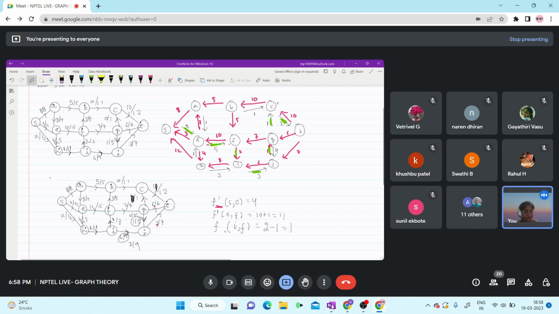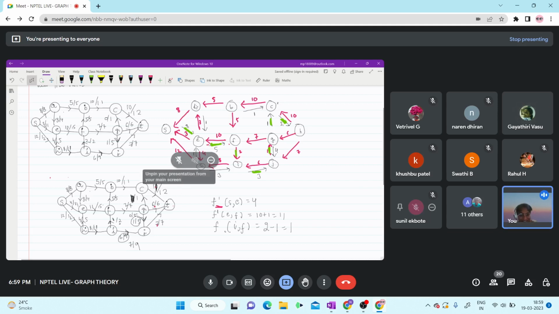Any other questions? Ma'am, the adding and subtracting for forward and backward edges, is it on the first network diagram, not the residual network diagram?